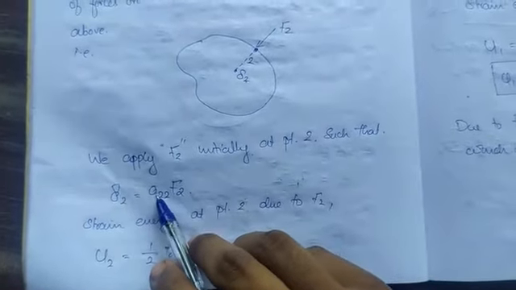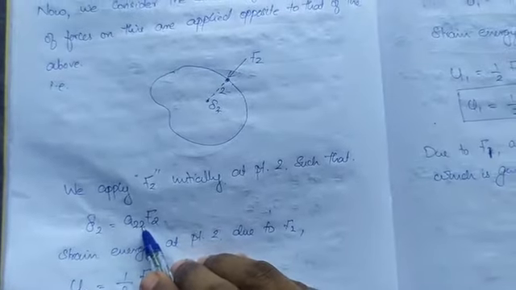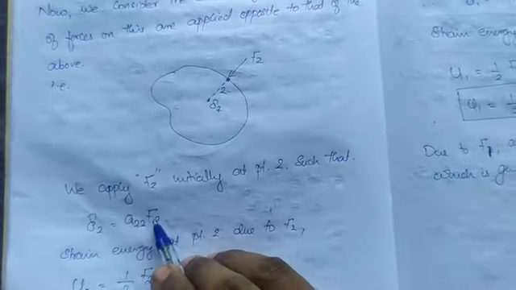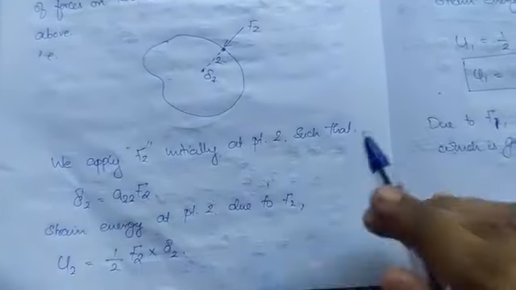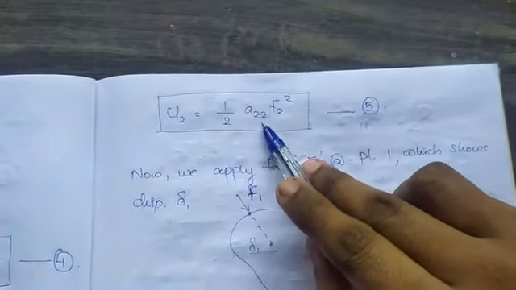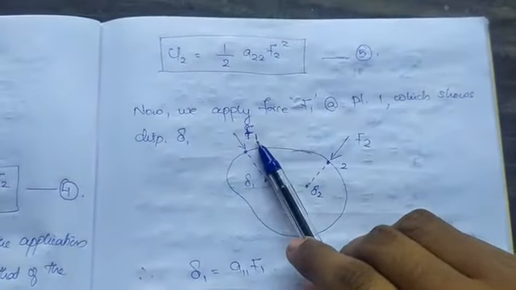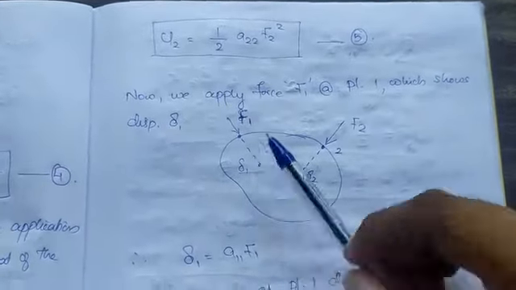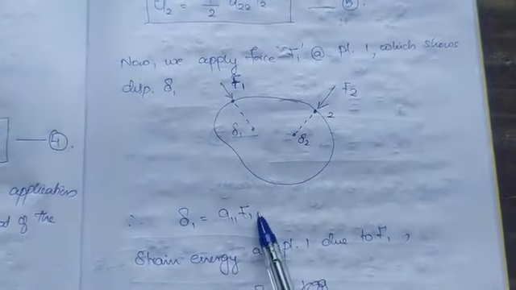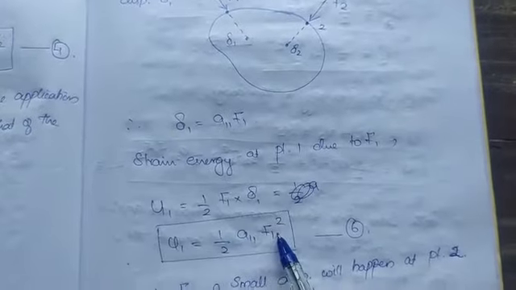A22 means the influence coefficient of displacement at point 2 due to force F2. Then U2 is equal to 1 by 2 A22 F2 square. Now we apply the force F1 that causes a displacement delta 1. So delta 1 is A11 F1 and the corresponding strain energy will be 1 by 2 A11 F1 square.